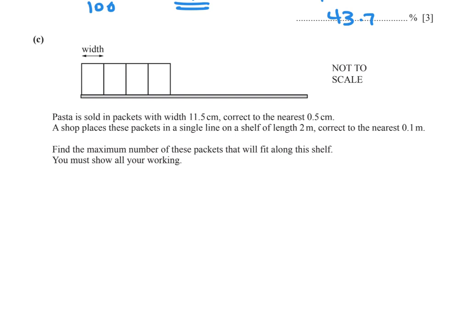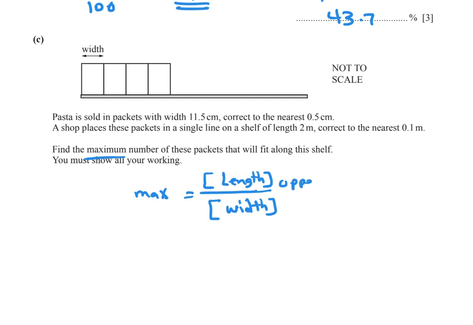To find the number of packets, you have to divide the length of the shelf by the width of the packet. I need the maximum number. So to find the maximum number, the numerator will be upper and the denominator lower, and they have the same unit.